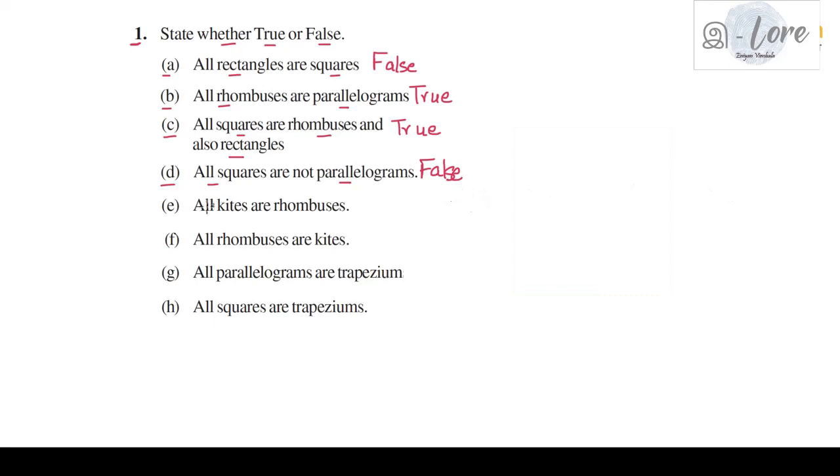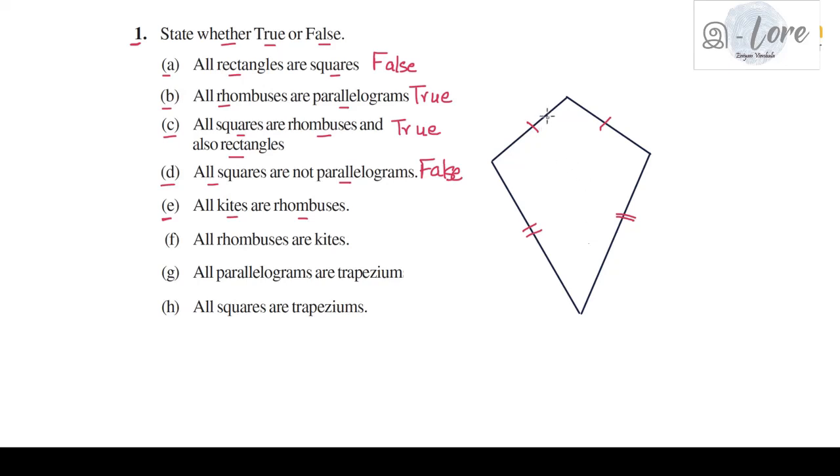Alright, now let's go to statement E, which says all kites are rhombuses. Now what is a kite? Here's an example I've drawn for a kite. A kite is a quadrilateral in which one pair of adjacent sides are equal and the other pair of adjacent sides are also equal.